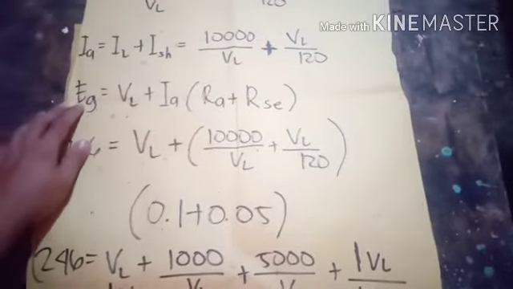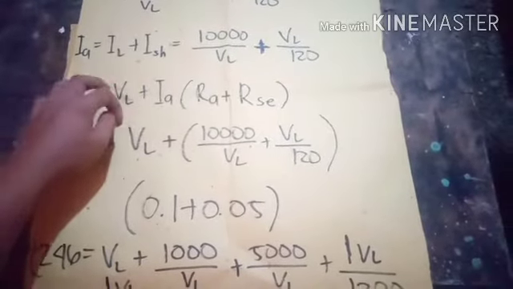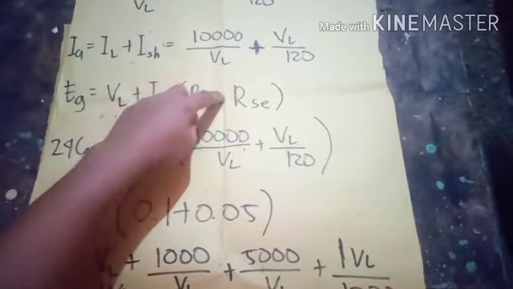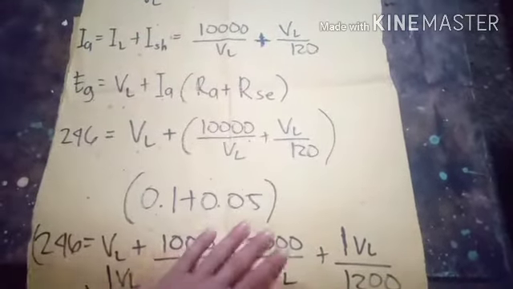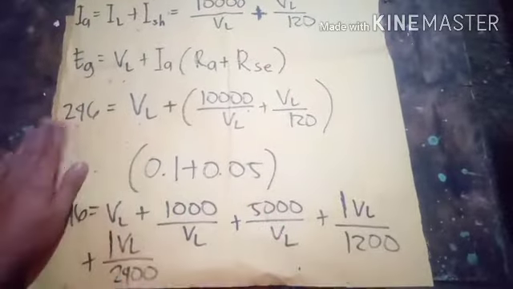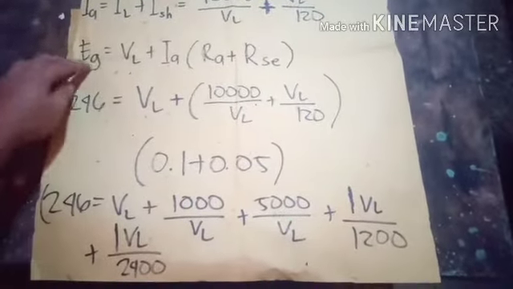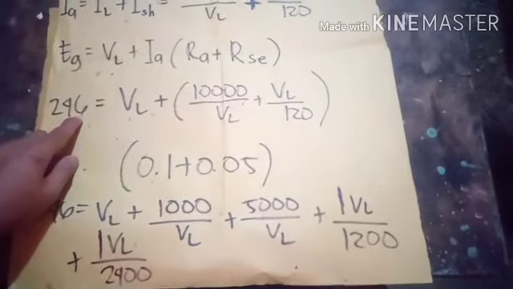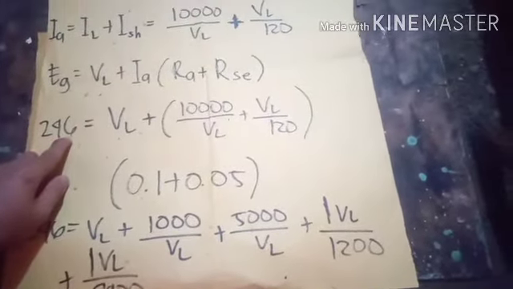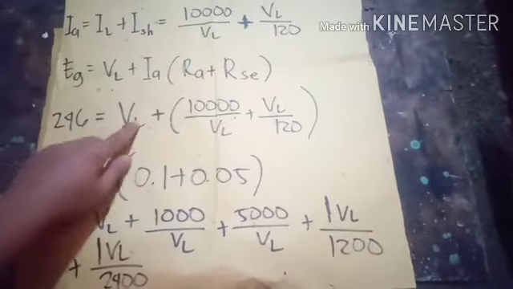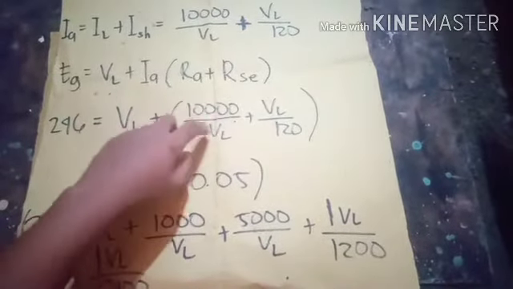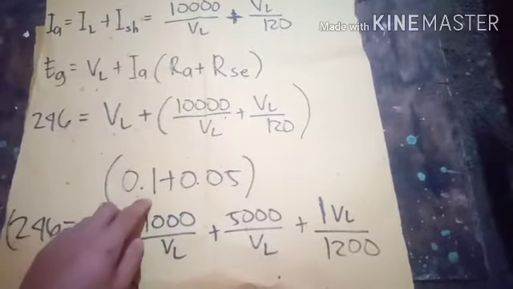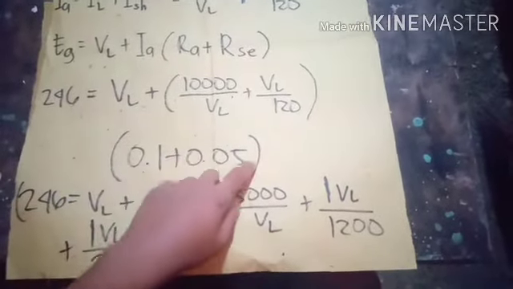So EG is equal to VL plus IA times RA plus RSE, wherein EG is 246, equal to VL plus 10,000 over VL plus VL over 120 times 0.1 plus 0.05.